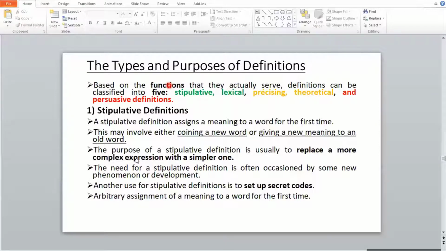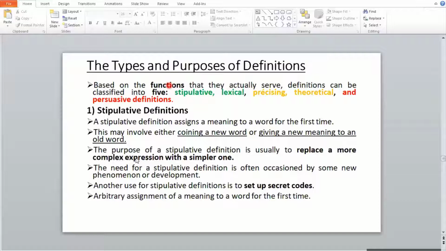As the name indicates, this type of definition is a kind of definition in which we try to assign a meaning to a word or a term for the first time.